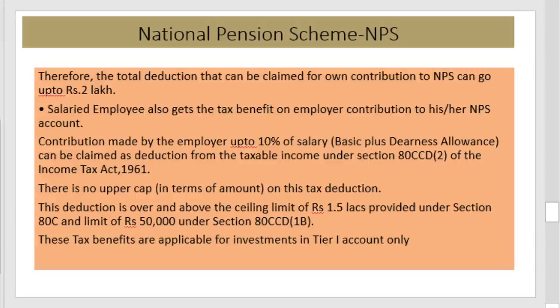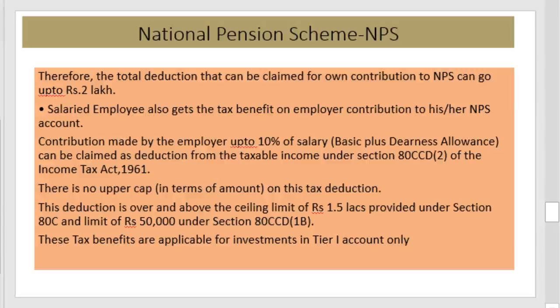Salaried employees also get tax benefits on the employer's contribution to his or her NPS account. Contributions made by the employer up to 10% of salary, that is basic plus DA, can be claimed as a deduction from the taxable income under Section 80CCD(2) of the Income Tax Act 1961.